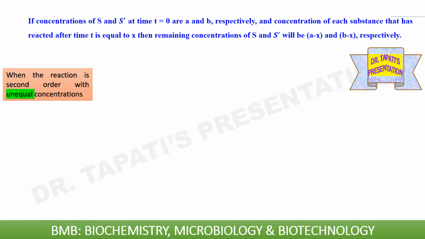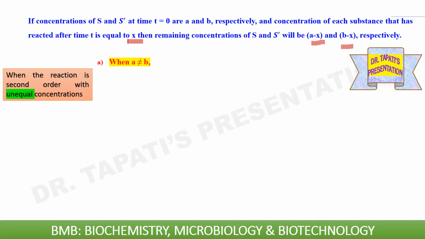If the concentrations of S and S prime at time t equal to 0 are A and B respectively, that means the initial concentrations of S and S prime are A and B, and the concentration of each substance that has reacted after time t is x, then the remaining concentrations of S and S prime will be A minus x and B minus x respectively.